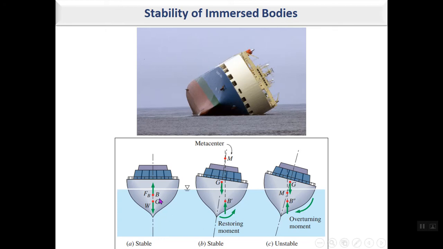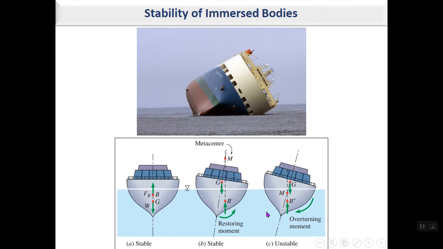How can it happen? If you extend the direction of center of buoyancy like the one shown here, and draw a line in the center line, center of gravity, and find the intersection. If the intersection, which is called metacenter, is above the center of gravity, then this is stable.